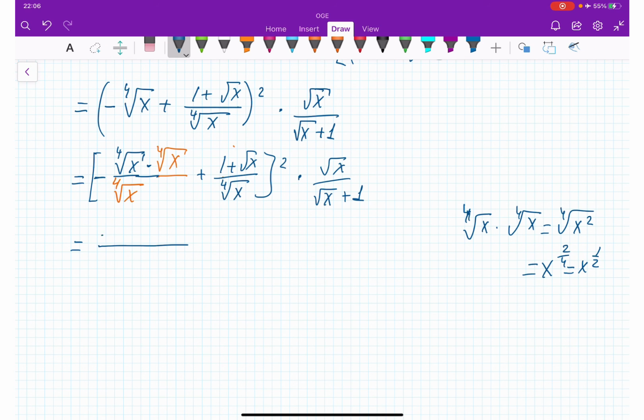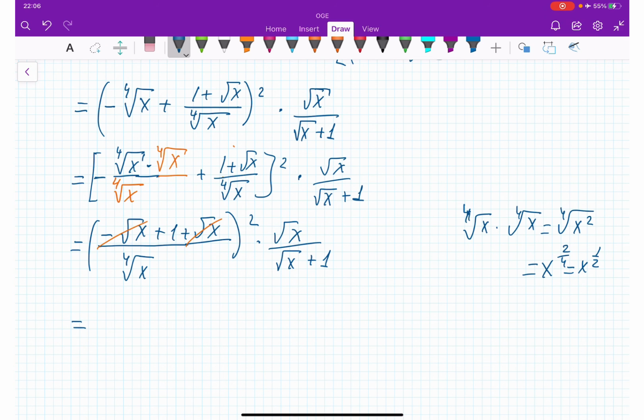So I have the negative square root of x in the denominator, fourth root of x plus 1 plus square root of x, to the power 2, where I'm successfully canceling these two, and times square root of x over square root of x plus 1.